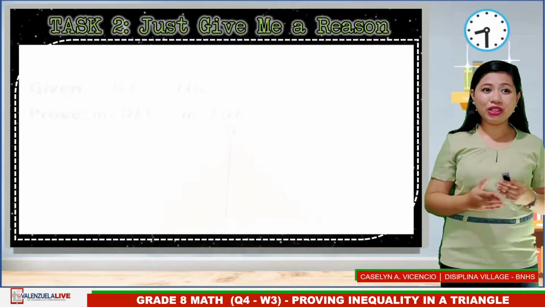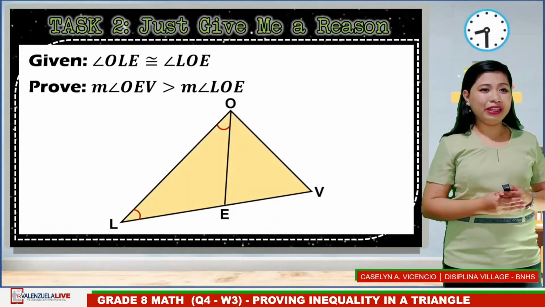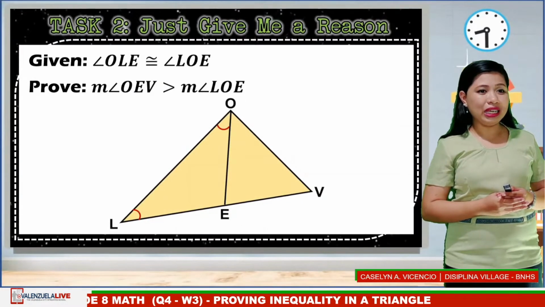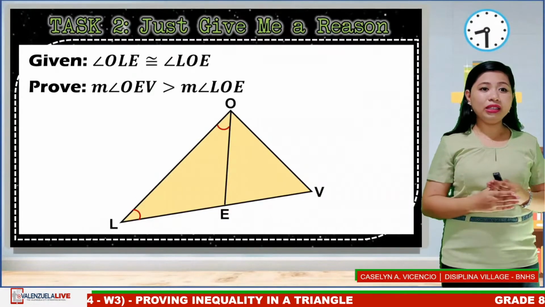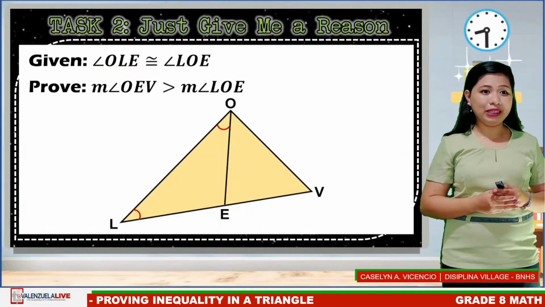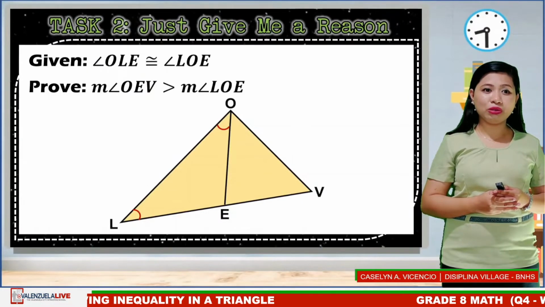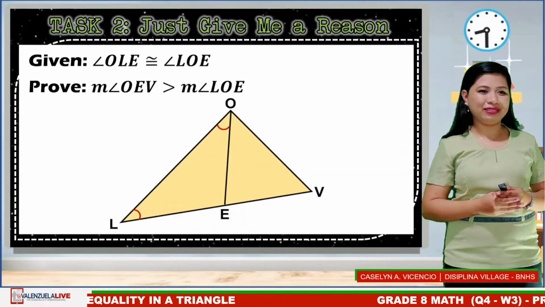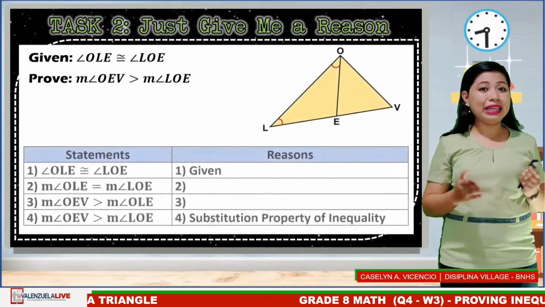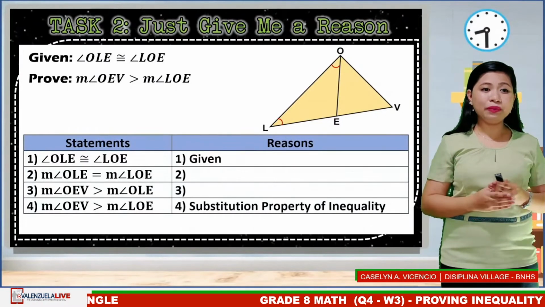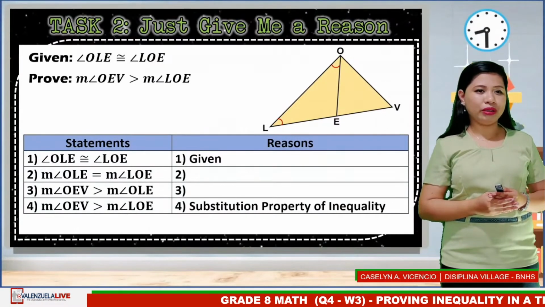For our first question, given angle OLE is congruent to angle LOE, prove that the measure of angle OEB is greater than the measure of angle LOE. Statement number 1 is from our given information.